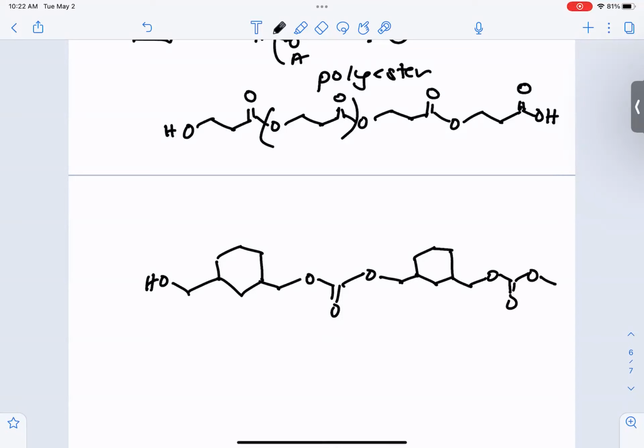Do you see that? So that's why the repeating unit is that. Because there's no chain for the carbonyl to react with, it's the anchor point for both sides.